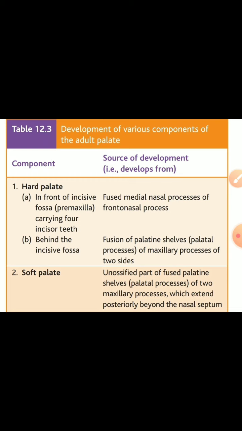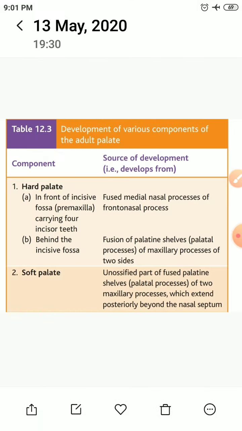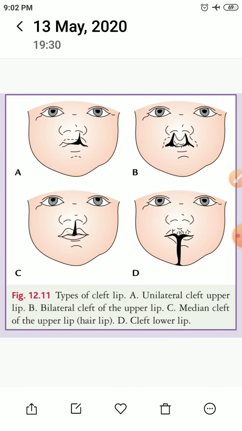Behind the incisive fossa, it is formed by fusion of palatal shelves. The soft palate is formed by the unossified part of the fused palatine shelves. So that is how things go. So this was all about development of the palate.